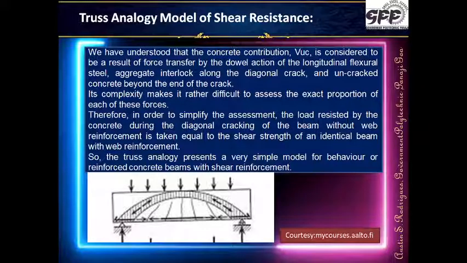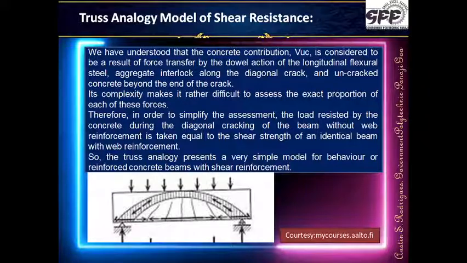One of them is the longitudinal steel, which gives the dowel action. There is the aggregate interlock, which we have seen as VAC, and then there is the uncracked concrete. In total it is so complex that it is very difficult to assess the actual proportion of what is resisting how much.